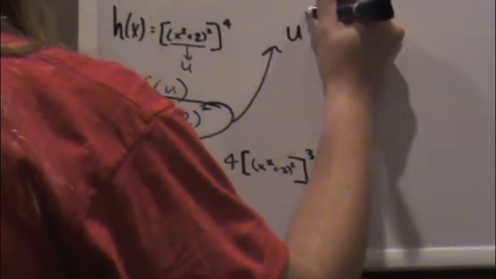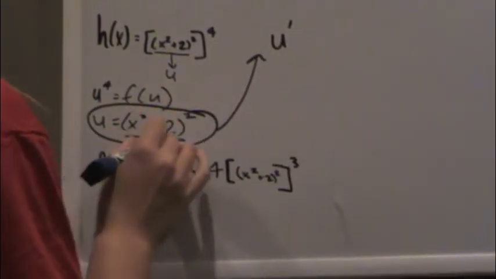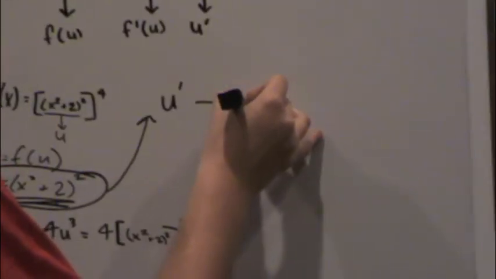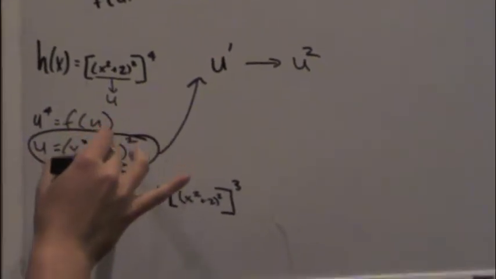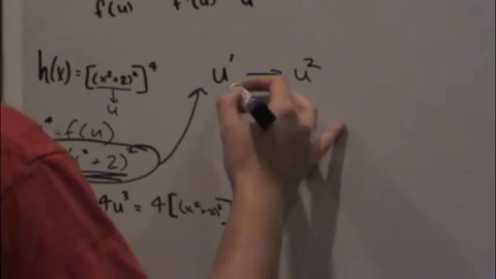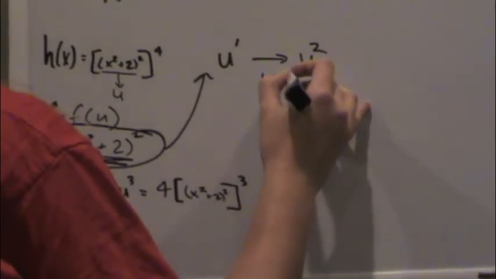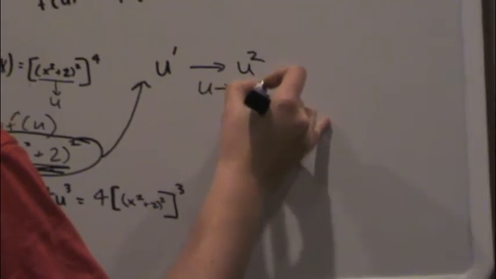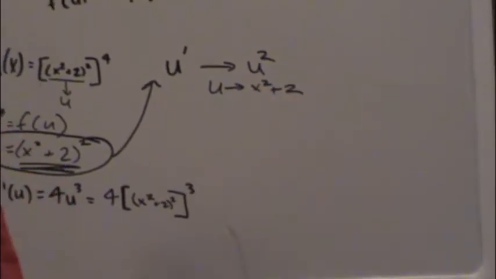Alright, now you should notice that this is another chain rule right here, because this is like u squared. See, x squared plus 2, that's a function within another function. So our u in this case, or our g of x, is x squared plus 2.